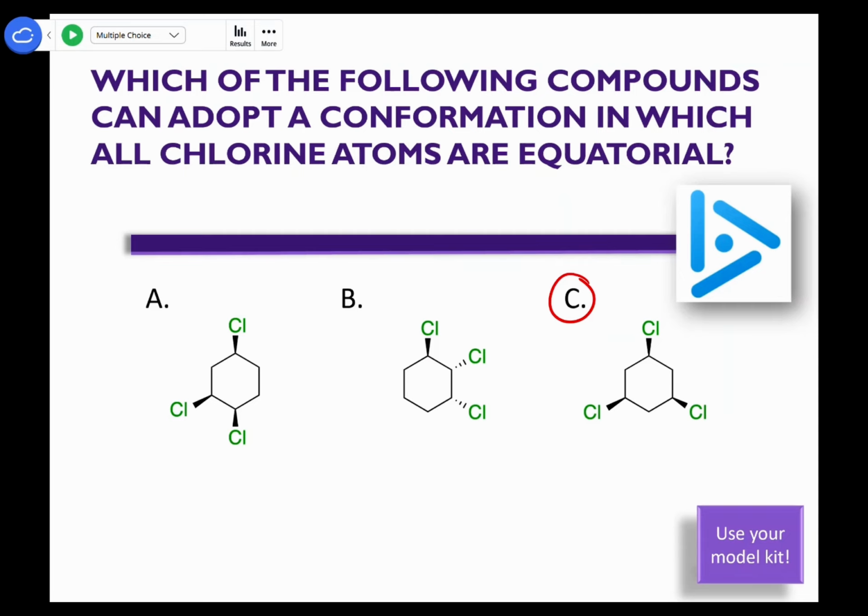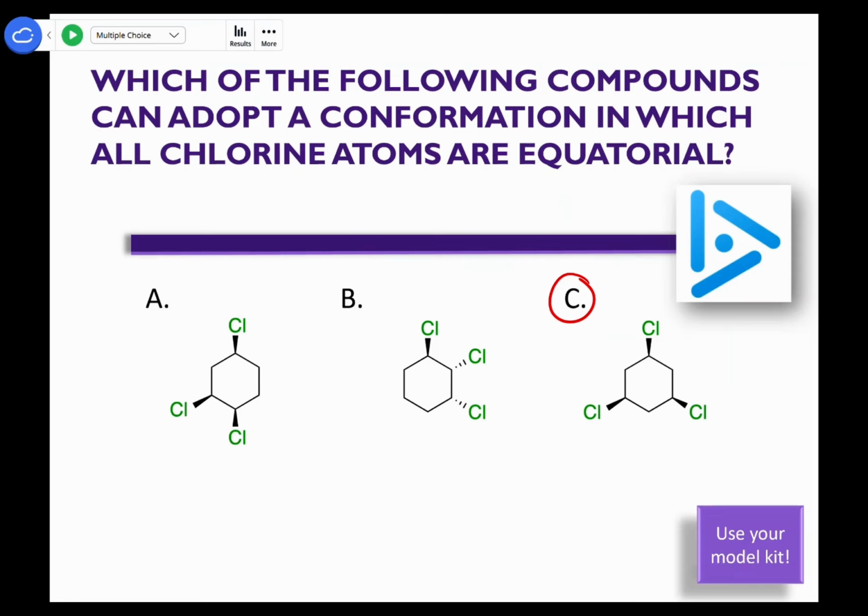So those are not all equatorial. If I take the up triangle, flip it down, the down triangle, flip it up to check my second conformation, I now have these 2 in equatorial positions, but this one is in an axial position. So I can't get all of them in equatorial positions based on A.